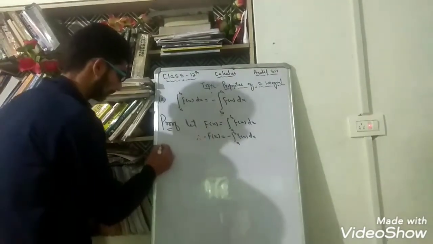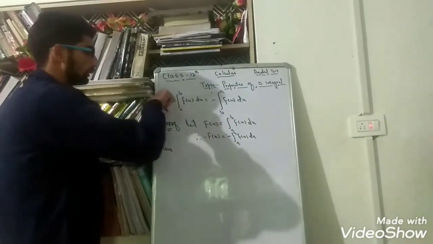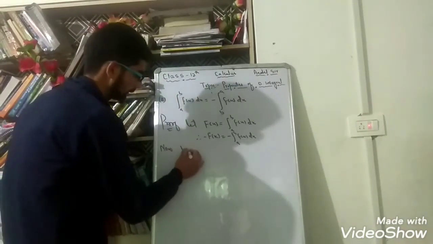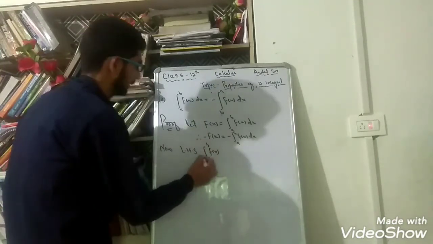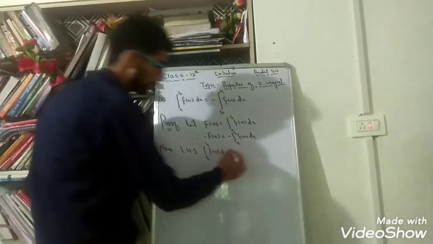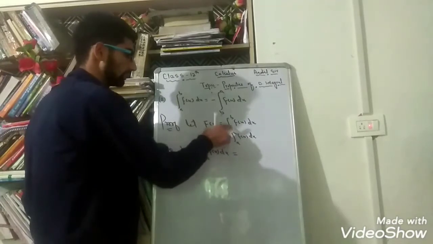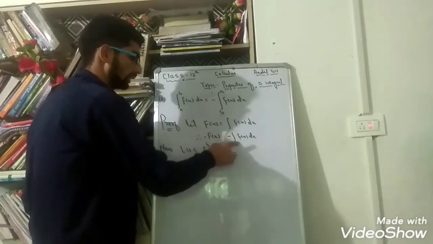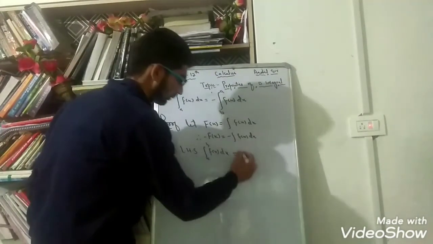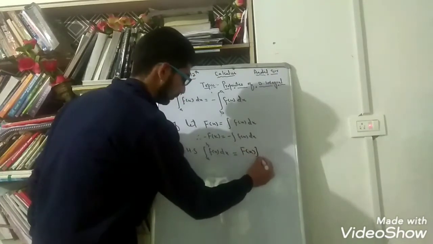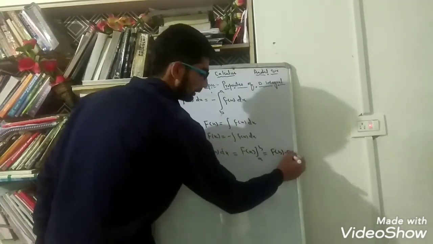Now what is our LHS? That is integral a to b f of x dx. It will be equal to F of x, we have taken that. You have to write here without this interval. So here the integral is equal to F of x, but over the limit a to b, by the fundamental theorem it will be F of b minus F of a. This is our first equation.